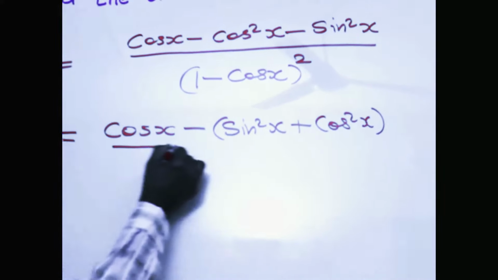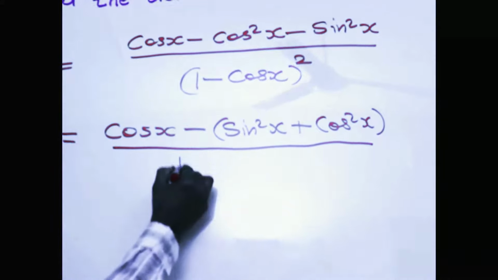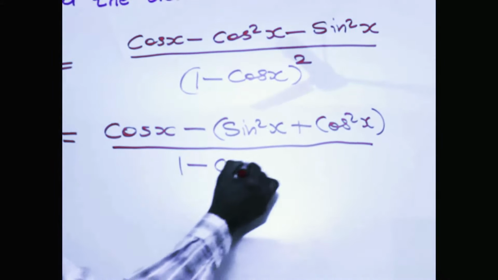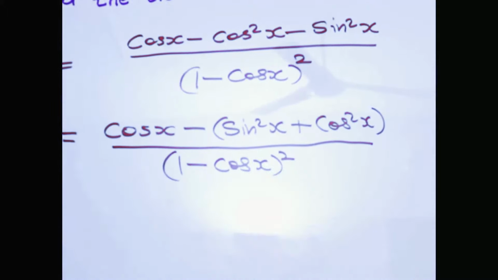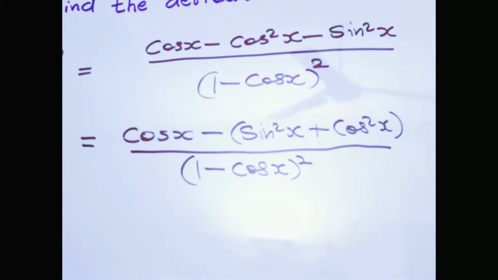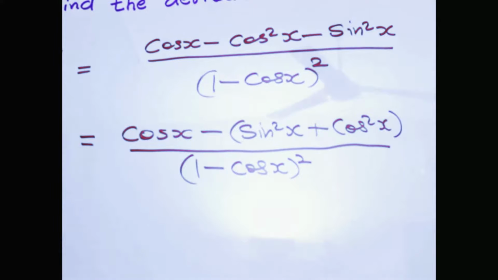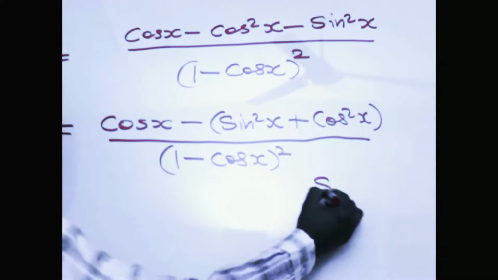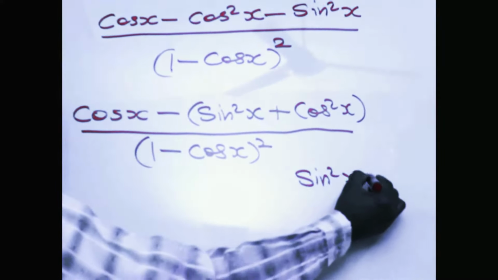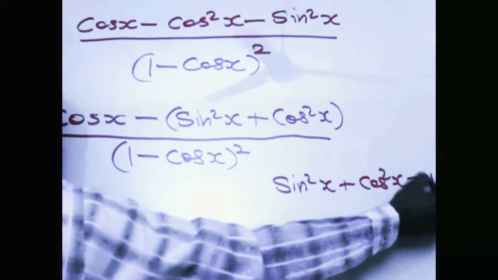The denominator is the same, without changing. In the bracket we have sin square x plus cos square x, and we know the rule that sin square x plus cos square x equals 1.